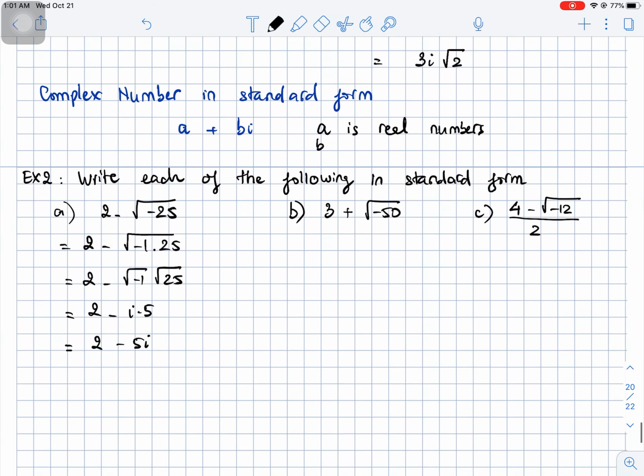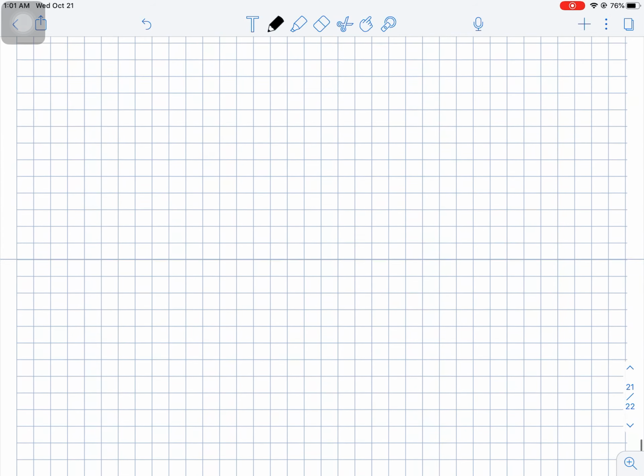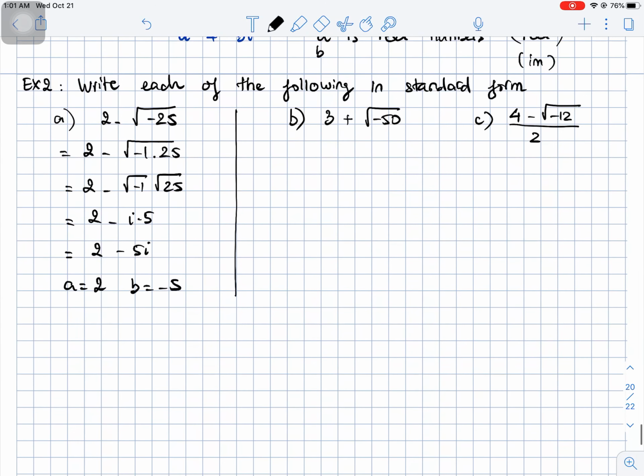The 2 we copy out again. For the square root of negative 25, we will separate negative 1 and 25. Then 2 minus the square root of negative 1 and the square root of 25, we separate. Then 2 minus i times 5, or we can write 2 minus 5i. This is the complex number.